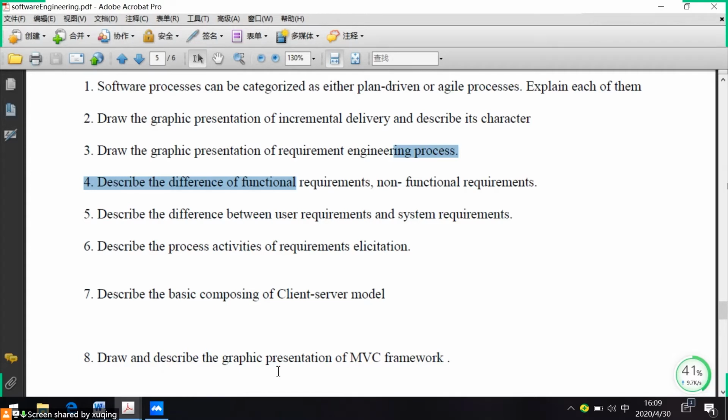And system requirements are more detailed specifications of system functions, services, and constraints than user requirements. They are intended to be a basis for designing the system.